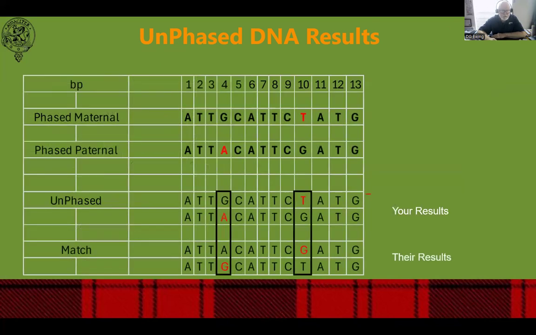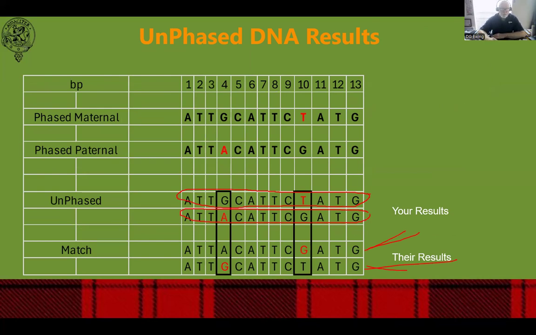So you notice this chromosome does not match this one, does not match that one. This chromosome does not match that one, does not match that one. We don't have a match.